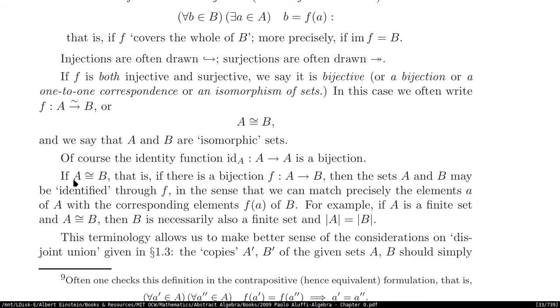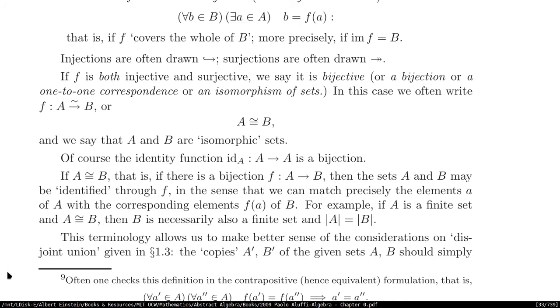Okay, so if A is isomorphic to B, that means you have a bijection from A to B, then the sets A and B can be, quote unquote, identified through F, right? So F allows you to identify each element of A with some element of B, and you can do that for every element, and then what you have is a unique way of identifying every element with this function, right?